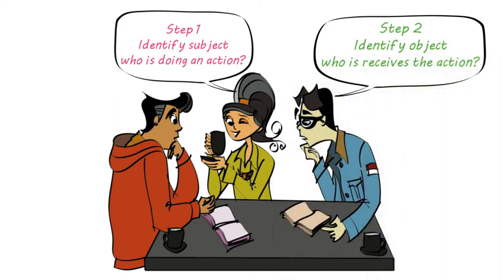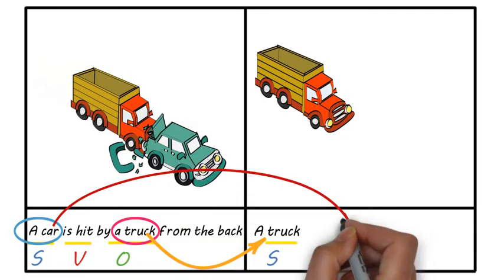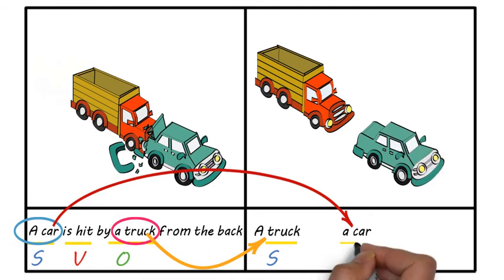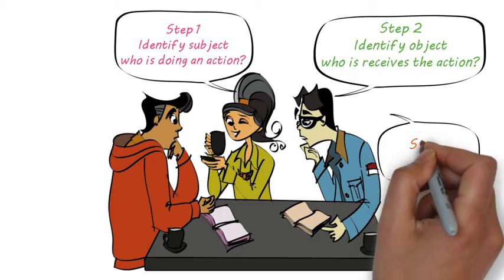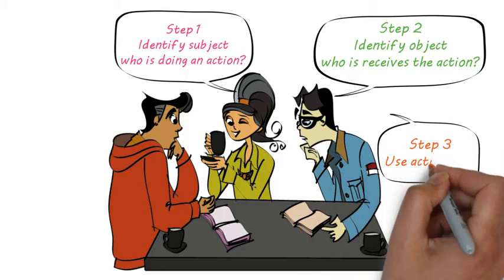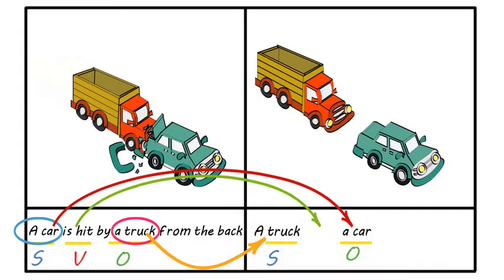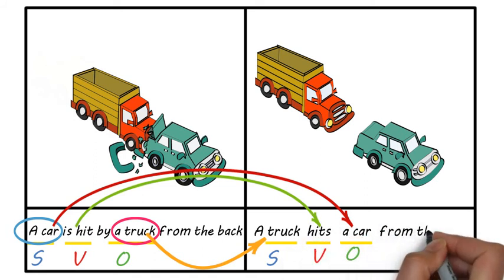The car is the object of the active sentence because the car received the action. Step 3. Use active verb. A truck, subject, hits, verb, a car, object, from the back.